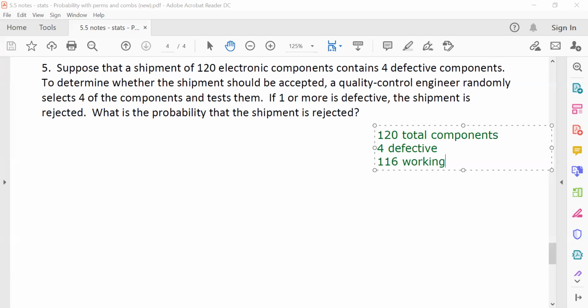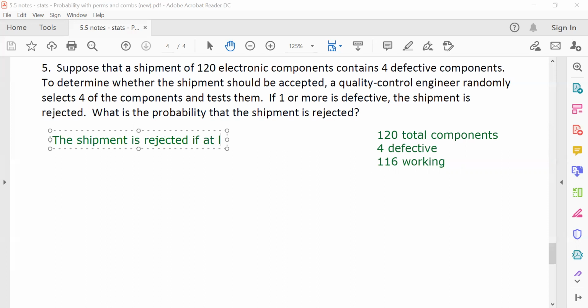But to determine whether the shipment should be accepted, a quality control engineer randomly selects 4 of the components to test them. If 1 or more is defective, the shipment is rejected. What is the probability that the shipment is rejected? So the shipment is rejected if at least 1 of the 4 sampled components is defective.